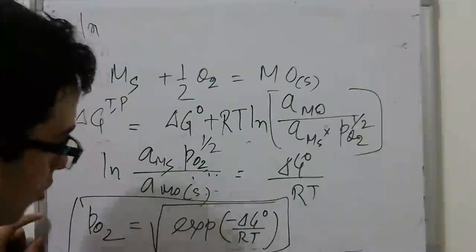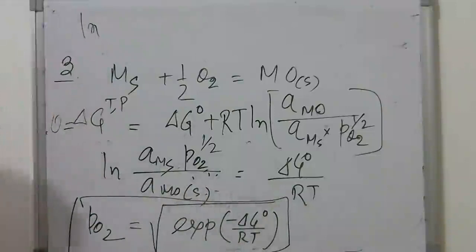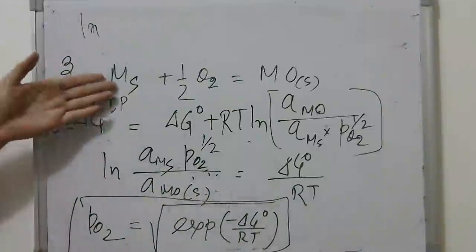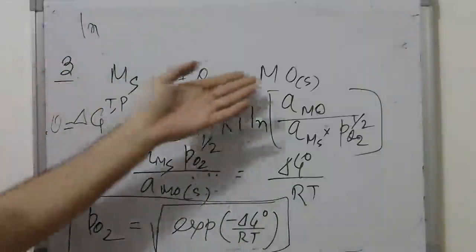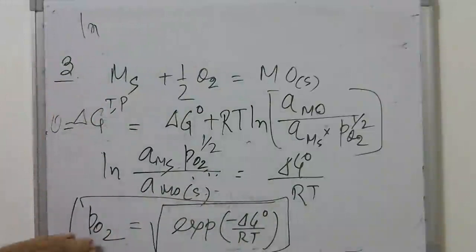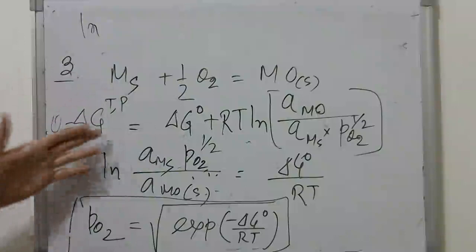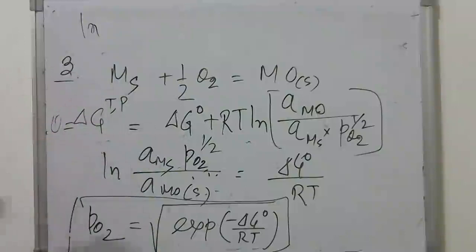The most important equation: for an equilibrium to exist between a solid, this gas and MO solid, the partial pressure of the oxygen gas at that particular temperature and pressure has to be the square root of exponential minus ΔG0 by RT. Now I'll keep on solving problems based on this. Please note this formula very carefully. Okay, fine.